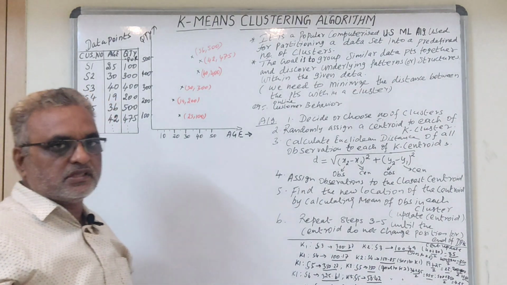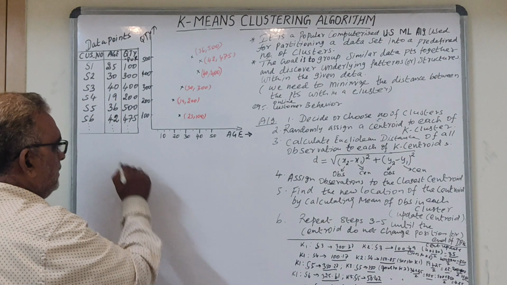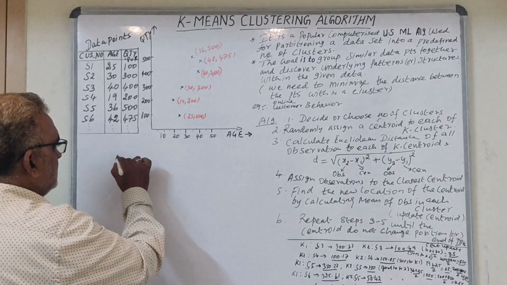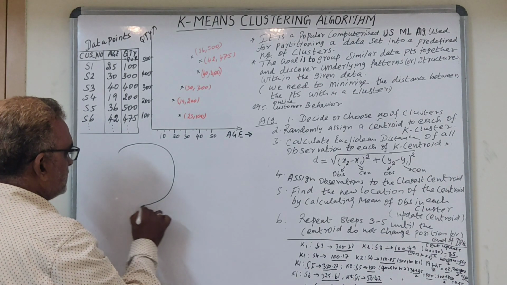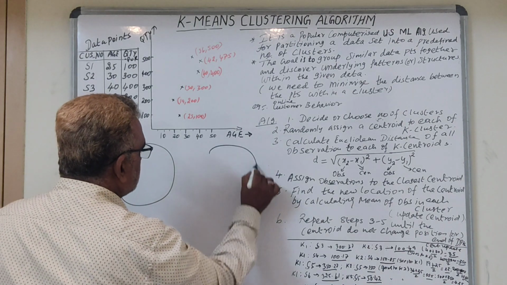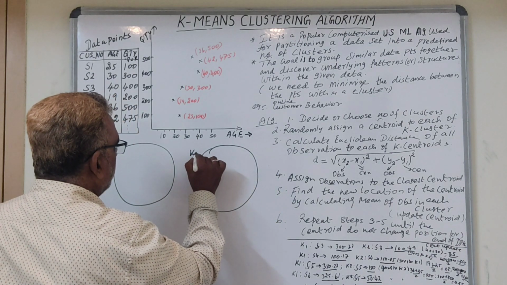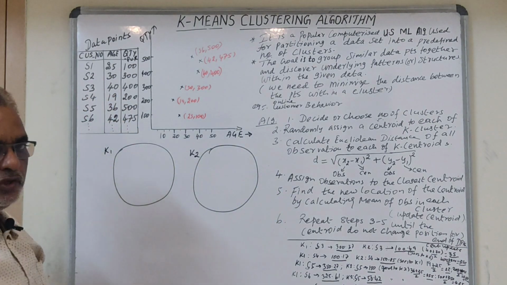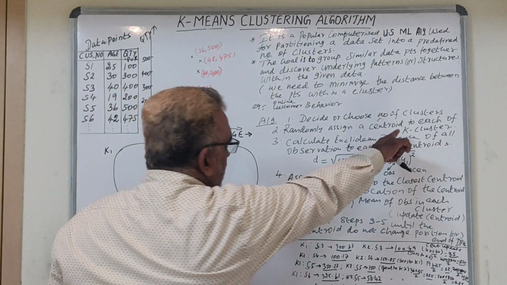Now let us see how this algorithm works. We consider we have two clusters, K1 and K2. Initially you have to assign the centroid values.